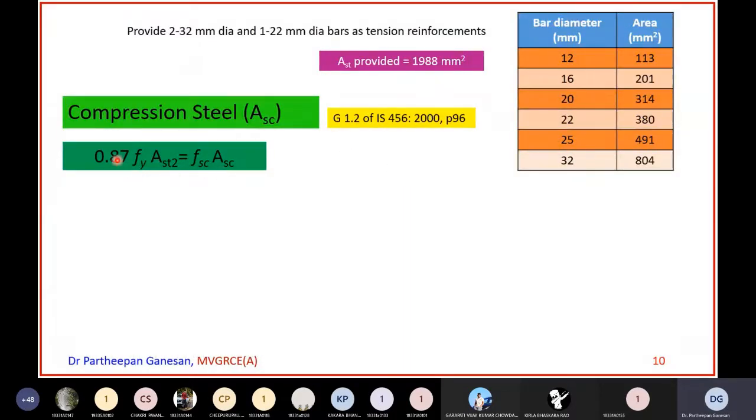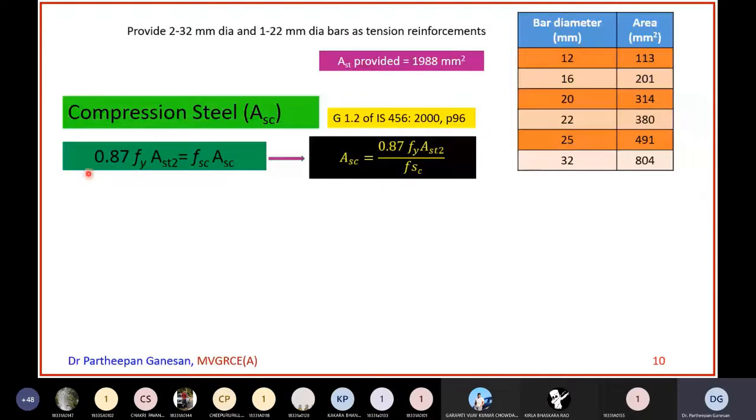Now you know Fy, you know AST2, but you do not know FSC and ASC. That you have to determine. How to determine? ASC is equal to 0.87 Fy AST2 divided by FSC. Now you have to find out FSC.